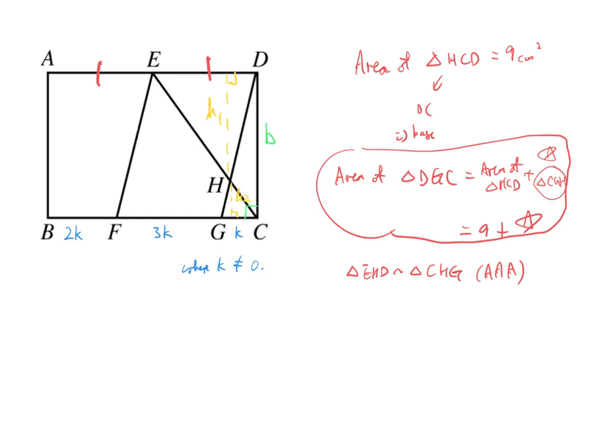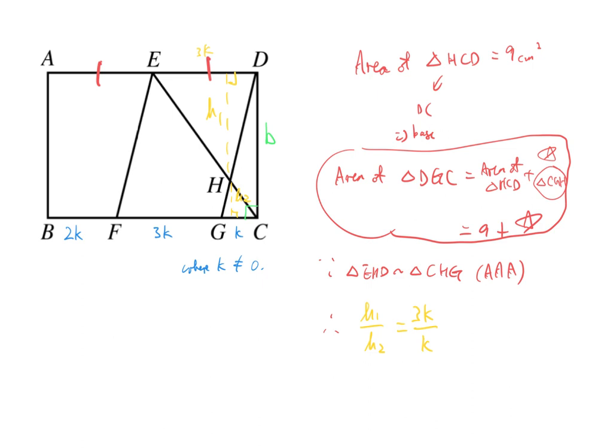Because the two triangles are similar, therefore the ratio of their heights must be equal to the ratio of their base length. So for triangle EHD, the base should be 3K, that we get from before. And for CHG, the base is K.